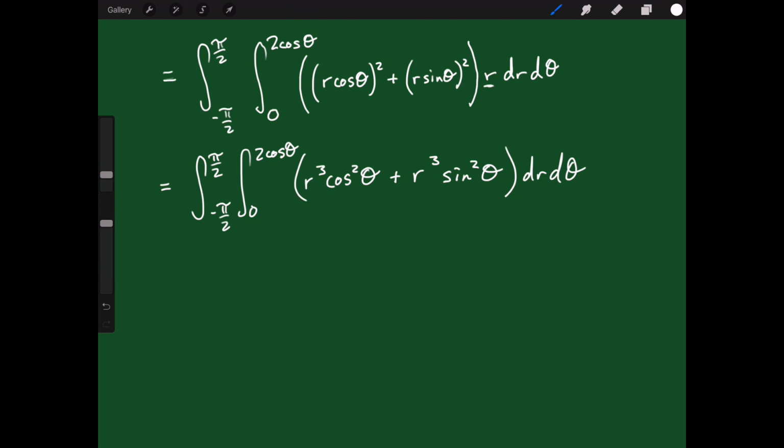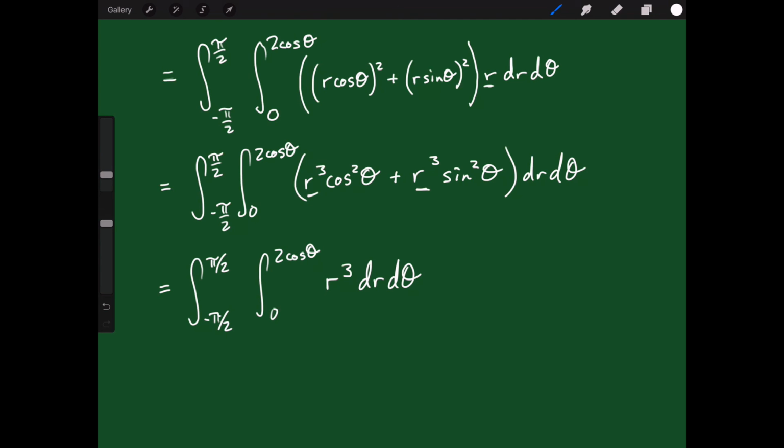Notice that I could factor out an r cubed here, and I just get cosine squared theta plus sine squared theta. But what's cosine squared of theta plus sine squared of theta? That's just 1. So this just reduces to integral from minus pi over 2 to pi over 2, integral from 0 to 2 cosine theta of r cubed dr d theta.